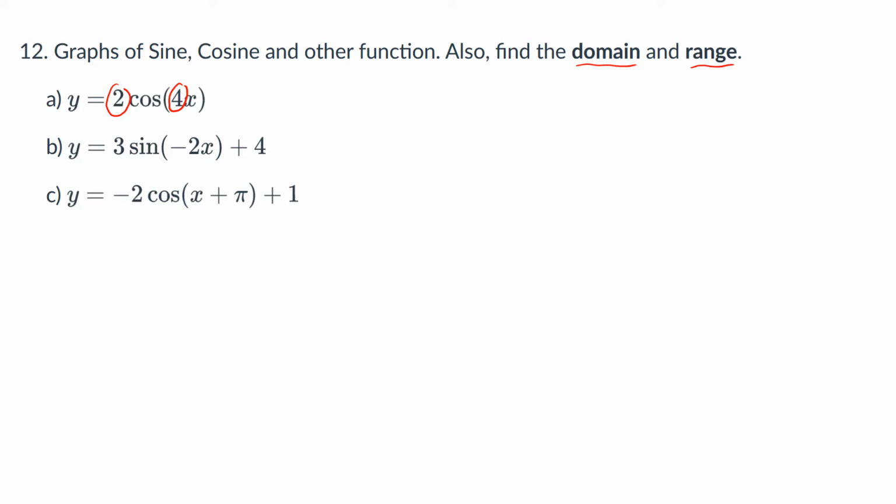So let's look at the first one now. Since we multiply by 4, it shrinks 4 times horizontally.